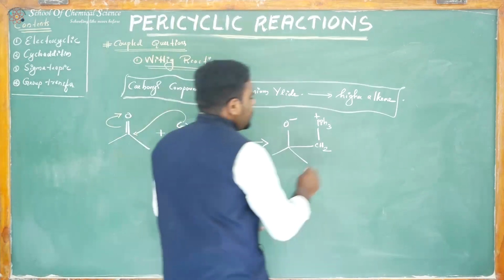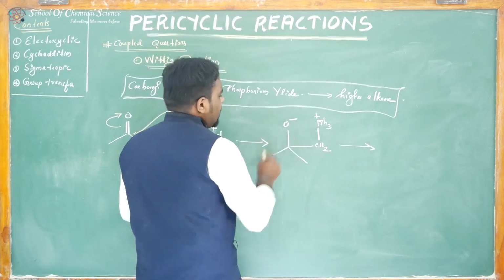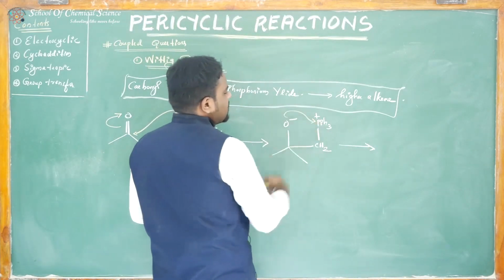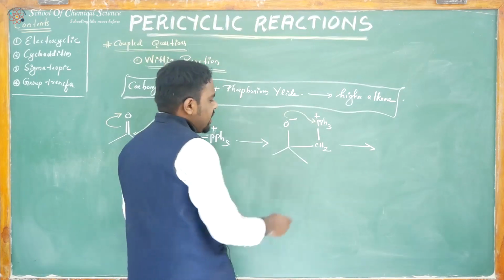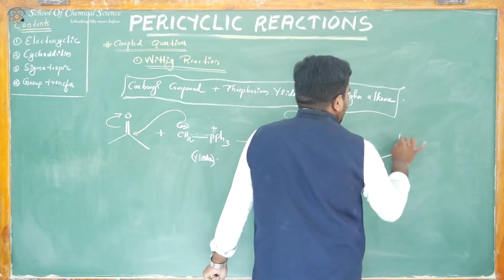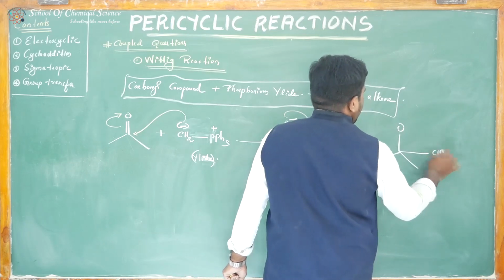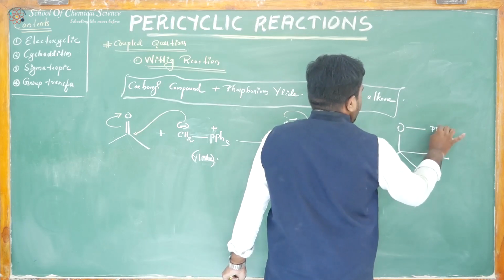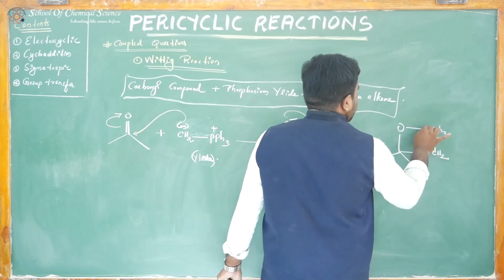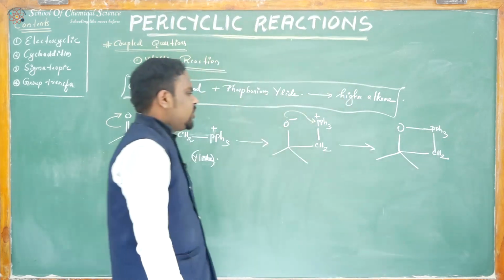In the next step, this O minus will attack the phosphorus because phosphorus contains vacant d orbitals. So a cyclic intermediate is formed.